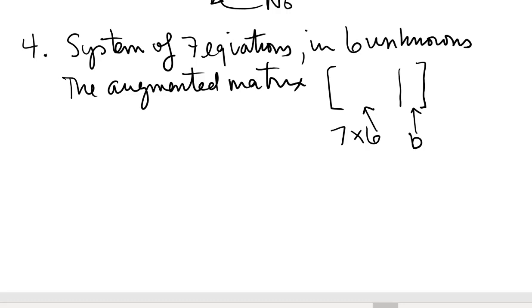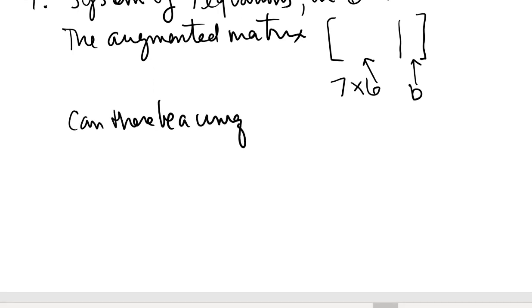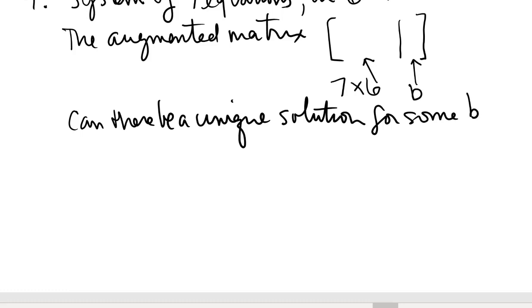And the question is, can there be a unique solution for some set of constants, for some vector b, the constants on the end of the equations? So is it possible to have 6 pivots?